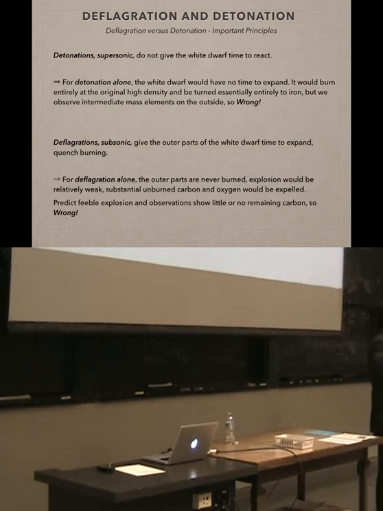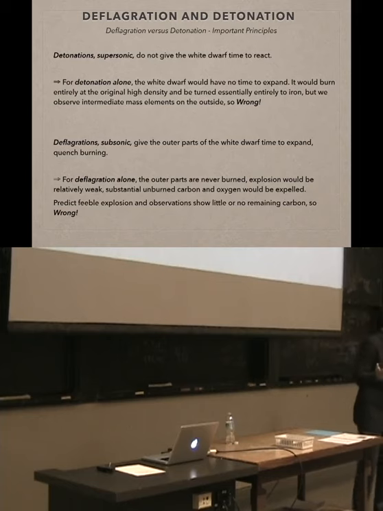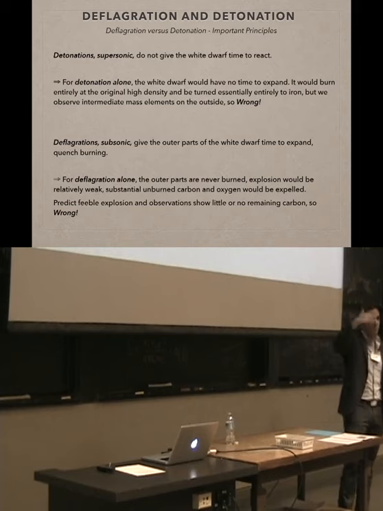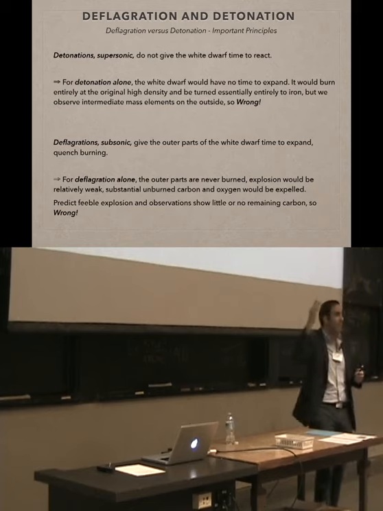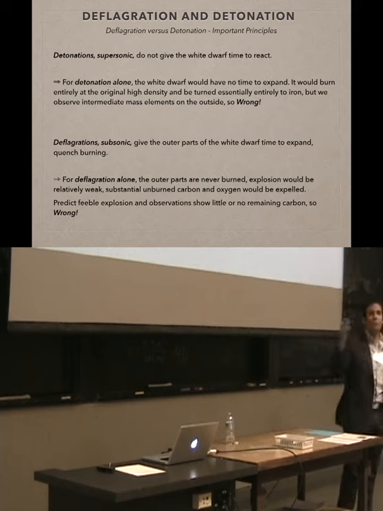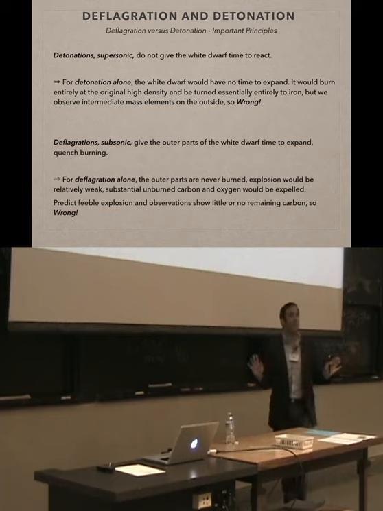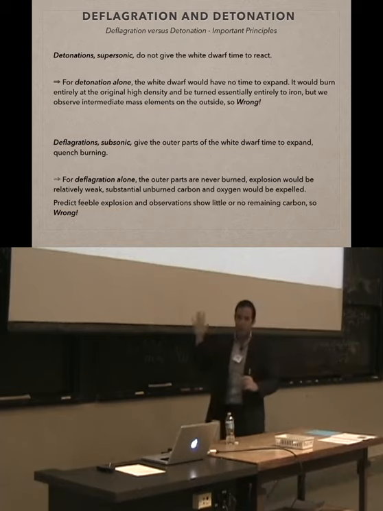Detonations proceed so quickly by this blast wave that eventually you would burn the entire mass of the white dwarf, which was carbon and oxygen, into iron. That's not what we see. If you remember the picture I showed you earlier, during the first week of the evolution, we see intermediate mass elements. We see silicon, magnesium, carbon, oxygen. Therefore, a pure detonation model cannot explain the spectral properties of type 1a supernovae. So that's out of the picture.